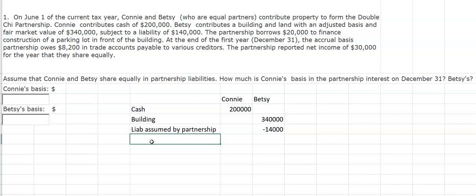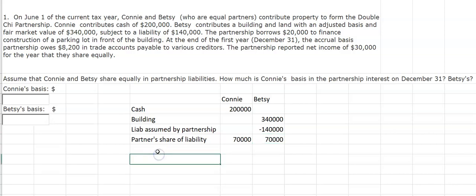So we're going to give Connie and Betsy equal parts of that $140,000, partners' share of liability. Connie's responsible for half of that $140,000, and Betsy's responsible for the other half. So that increases their basis.